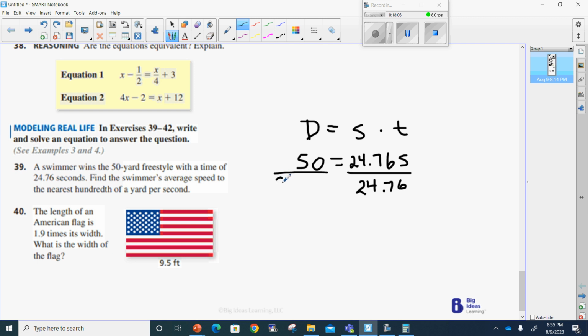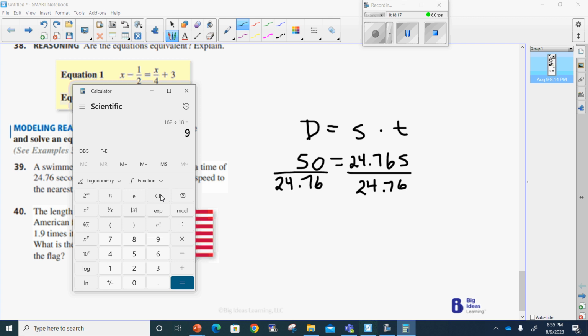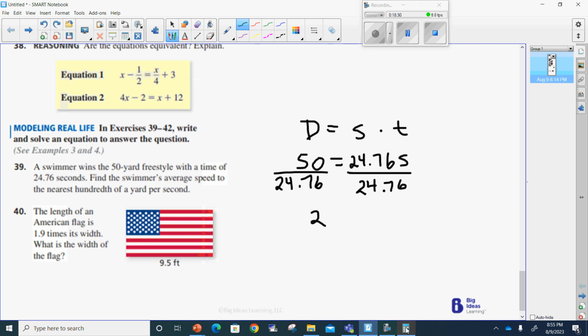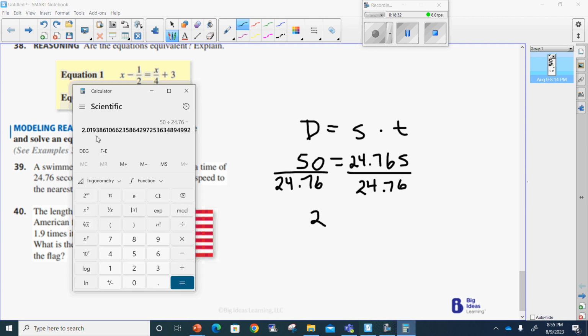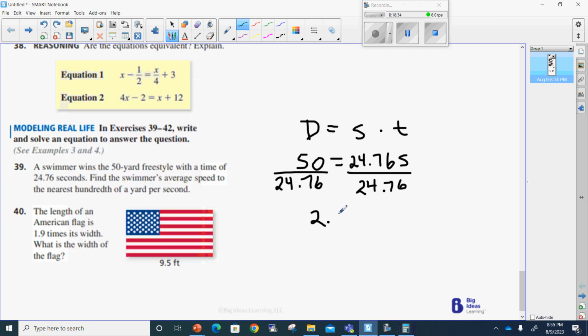Whatever I do to one side, I do to the other. So I'm going to have to divide 50 by 24.76, and that's going to give me my answer. Let's see here. If I take 50 and divide it by 24.76, that's going to give me, looks like, 2.019.